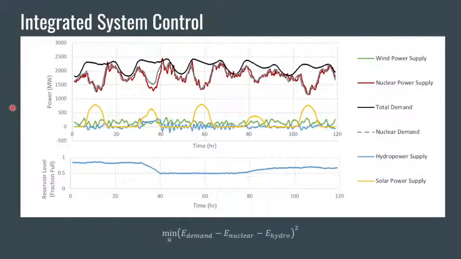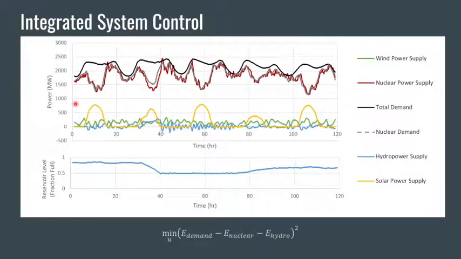Here's a plot of our 5-day simulation in which we integrated several energy resources with the controller that Tyrell just described. As you can see, we've got some solar energy that occurs periodically, which is in yellow, and some wind energy that is fairly variable here in green.